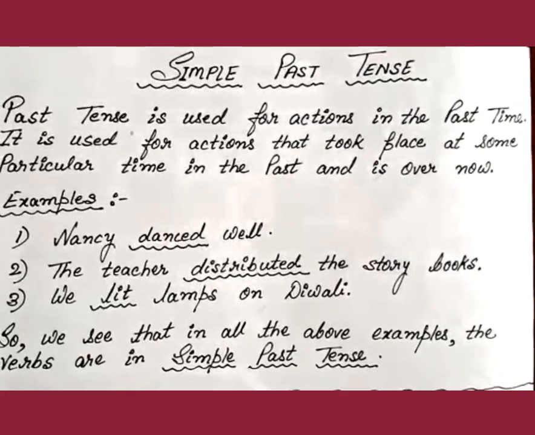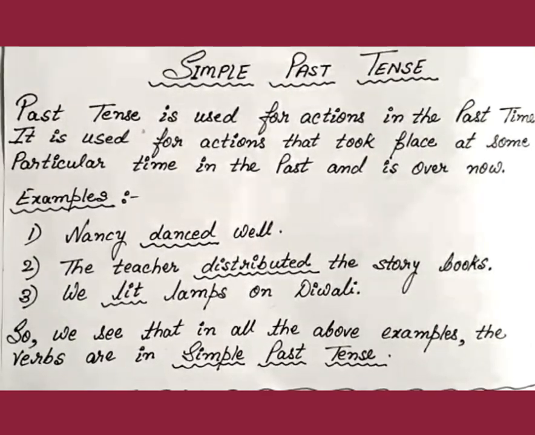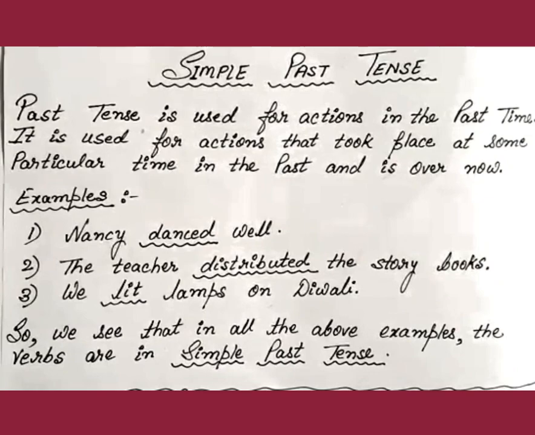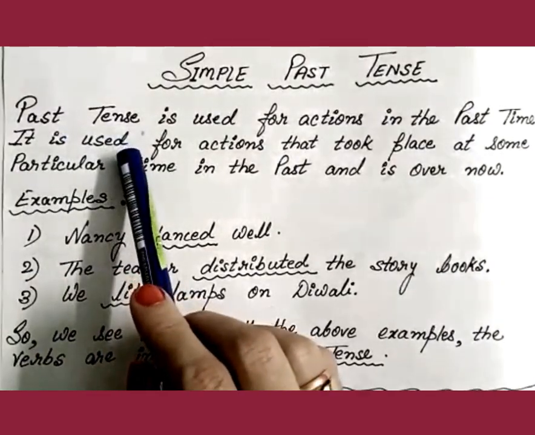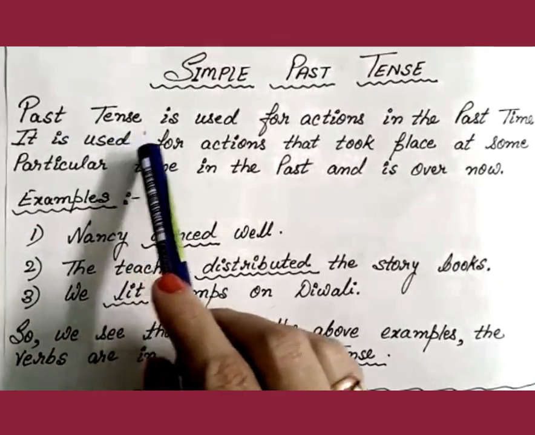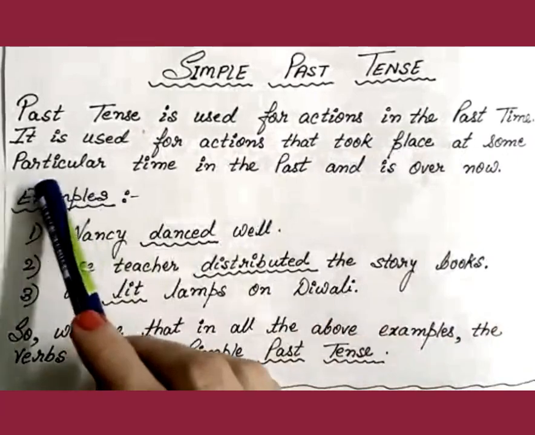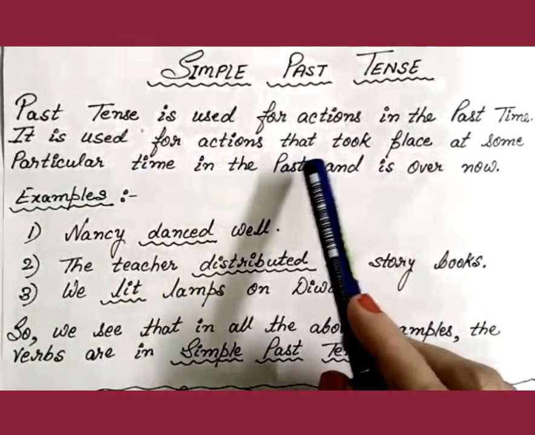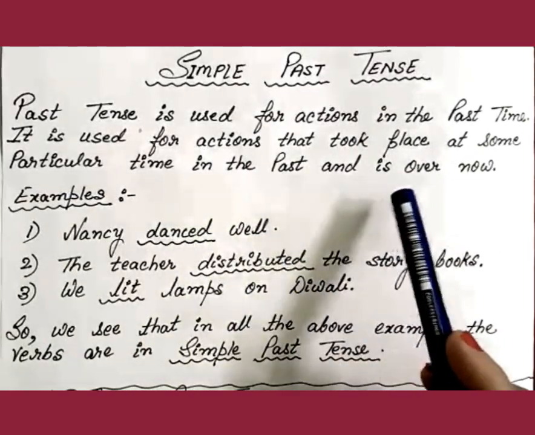The first one being the simple past tense. Let's know what the simple past tense is all about. Past tense or simple past tense is used for actions in the past time. It is used for actions that took place at some particular time in the past and is over now.